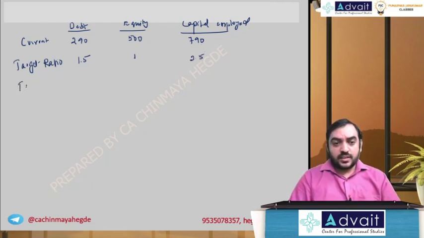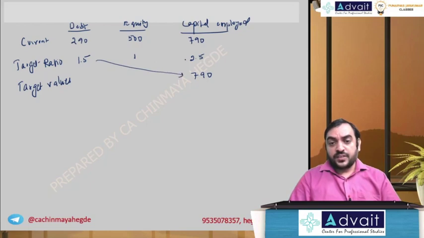So what are the target values then? Total will remain the same, 790. Cross multiply. Forget about 290. 1.5 into 790 by 2.5.